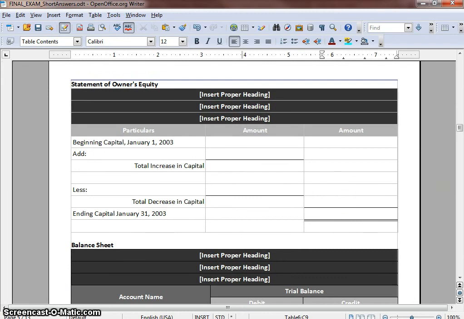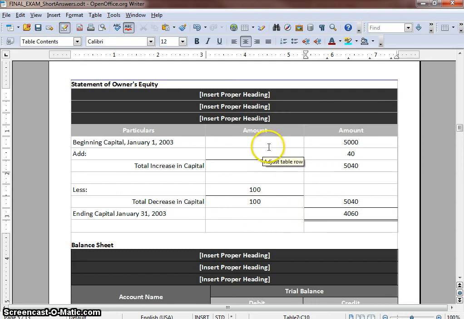Let's look at the statement of owner's equity. Okay, with this one, this is what you have in your answer.